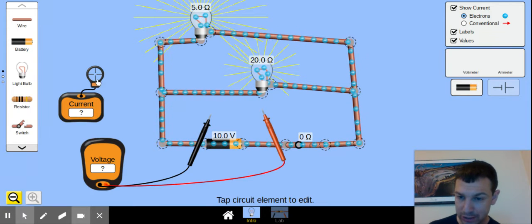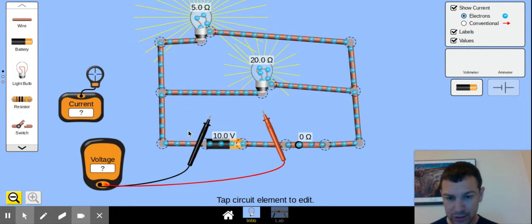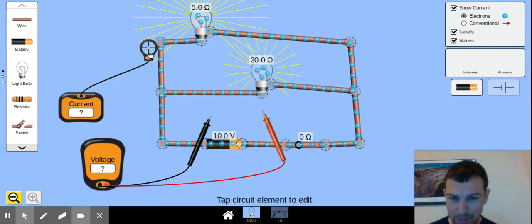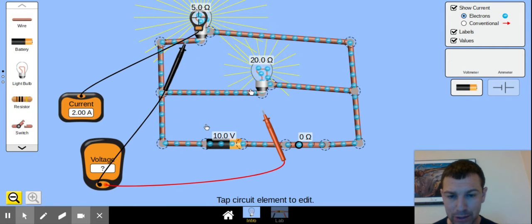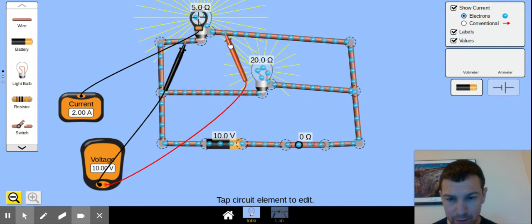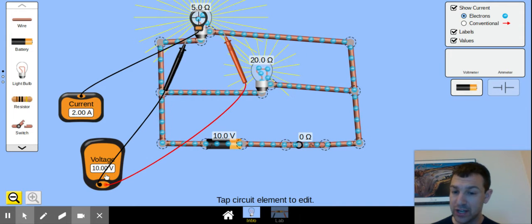An ammeter is going to help us find the current. So, let me hover my ammeter over lamp 1. I'll notice it has a current of 2 amps. Now, how did I get that? Well, if I go back to my voltmeter across lamp 1, you'll notice that it was 10 volts. 10 volts divided by 5 ohms would indeed be a current of 2 amps.